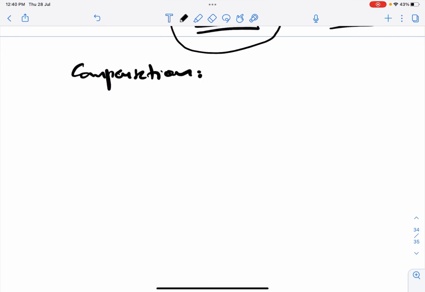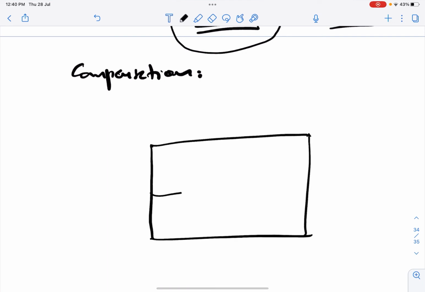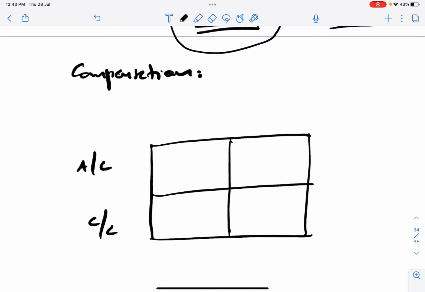In respiratory conditions there is a box like this. Here we have acute and here we have chronic. Here we have acidosis, here we have alkalosis.